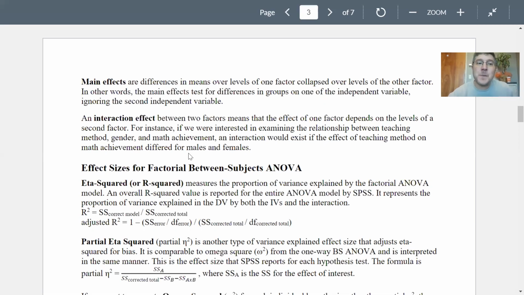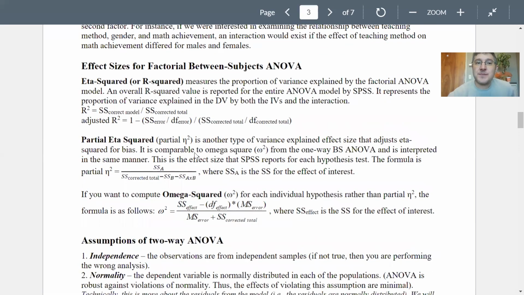So we have some effect sizes for our between subject designs. We'll get a main effect size for the entire model reported in our output. SPSS will call it R squared and adjusted R squared. Here are the formulas for how it does it.